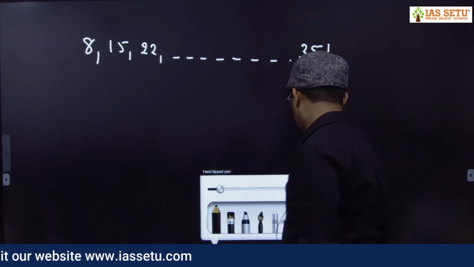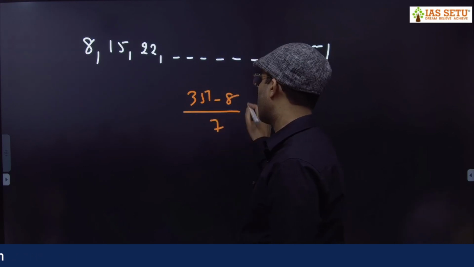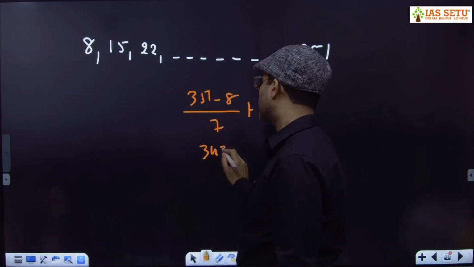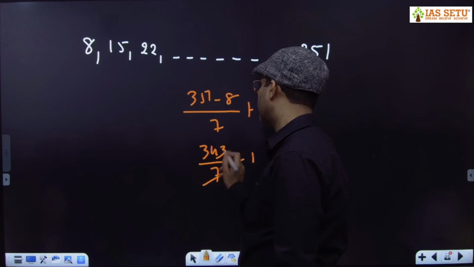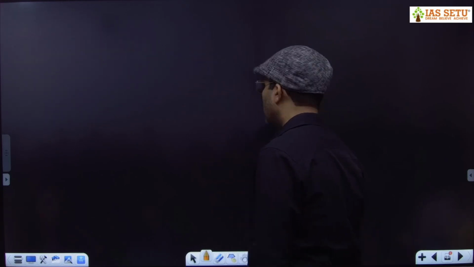Last term minus first term divided by common difference 7 plus 1, it is 343 divided by 7 plus 1, 49 plus 1, 50. So this is the basic actually. Now I start the main part of AP.